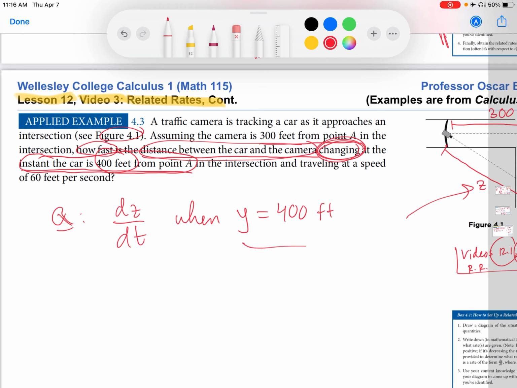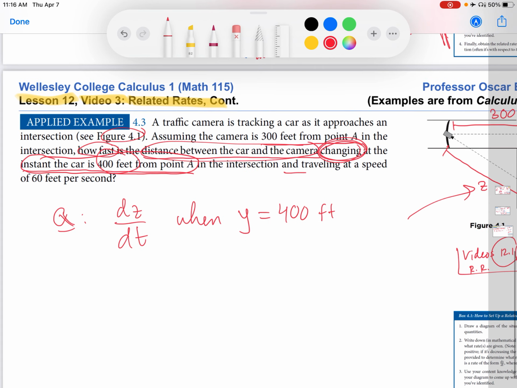Okay, so this is where I want to put the 400 feet. In a related rates problem, most of the time, rarely is it not the case, you have some "when" statement. You want to find a rate when some other variable is equal to some value.